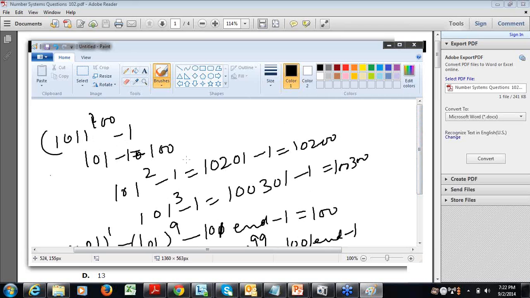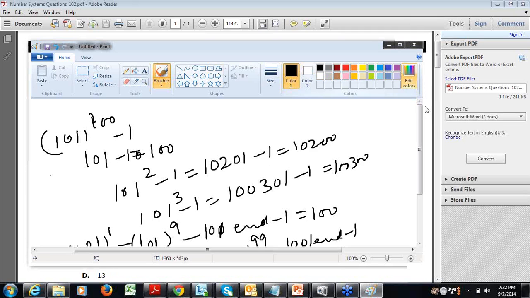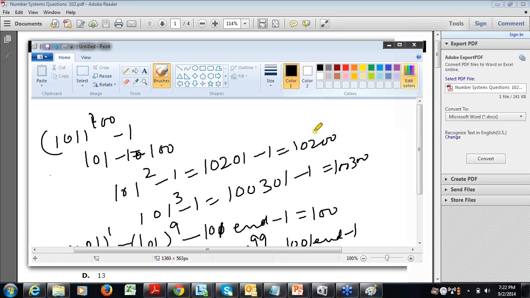So 101 minus 1, 100. 101 whole square minus 1, 10201 minus 1, so 10200 means 100 will perfectly divide this. Similarly, 101 cube minus 1, so 1030301 minus 1, so again 100 will perfectly divide this.